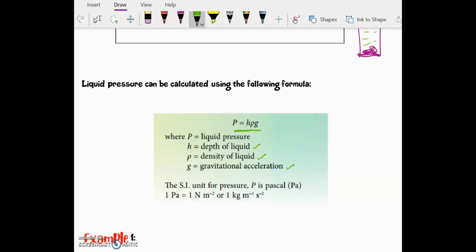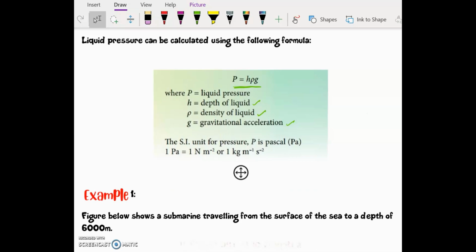The SI unit for pressure is similar to the pressure that you have learned in lower form. In lower form, you learned that the formula for pressure exerted by a solid object is force per area and the unit is Pascal. Similarly, liquid pressure has the same unit, which is Pascal.